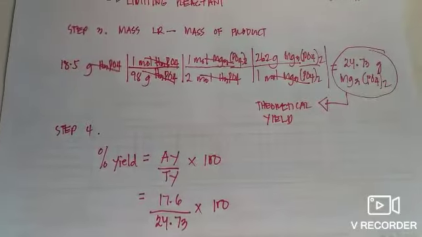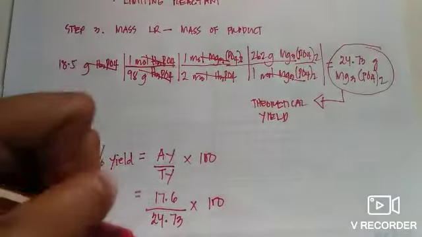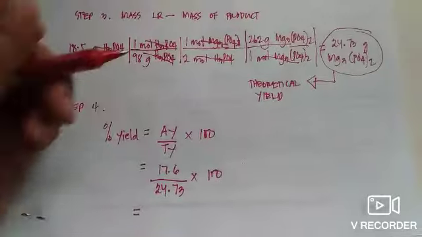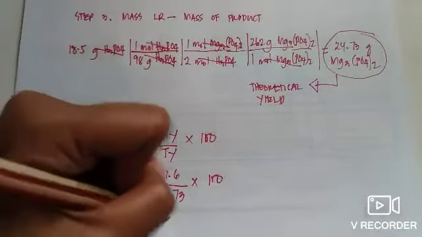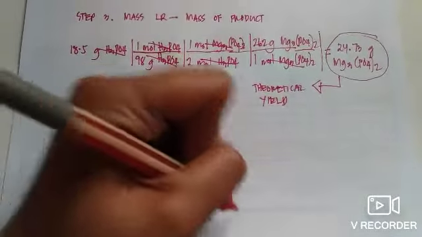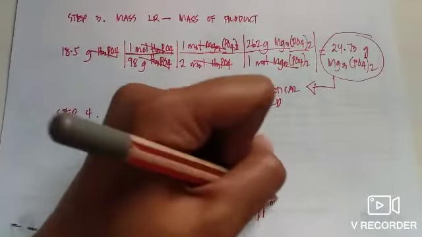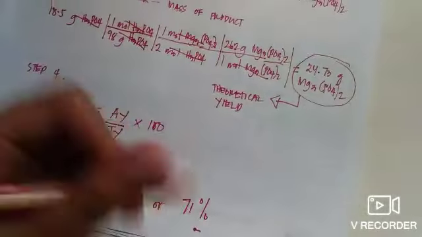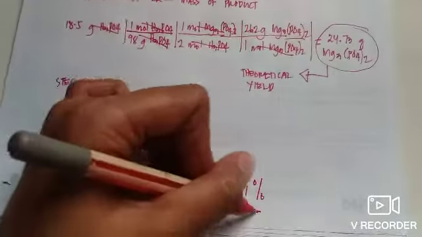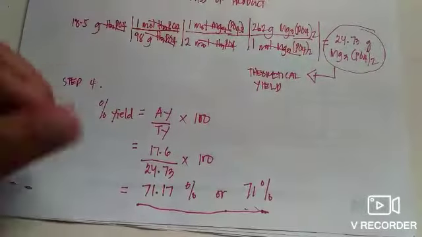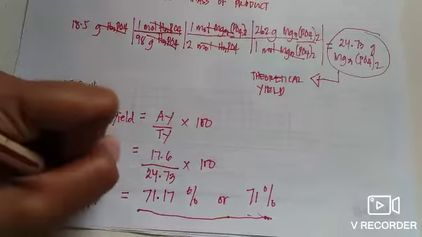Perform the required operation, then we will obtain the answer of 71.17%, or 71%. This is the value of our percent yield.